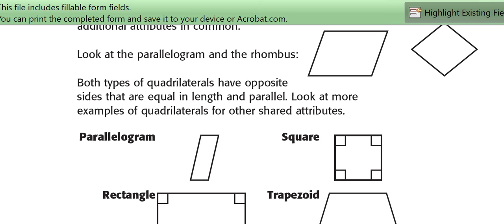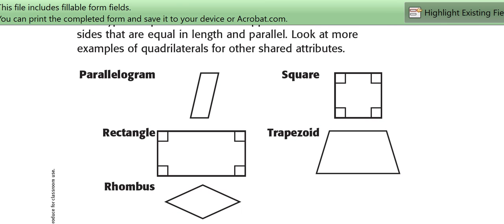It says that both types of quadrilaterals have opposite sides that are equal in length and parallel. Now look at more examples of quadrilaterals. Well, here are some examples. I have a parallelogram. I have a square, and the square has 4 right angles. A trapezoid only has 1 pair of parallel lines.